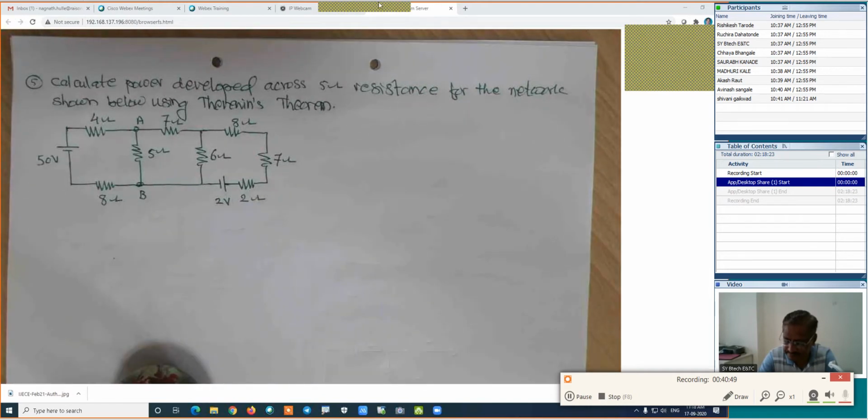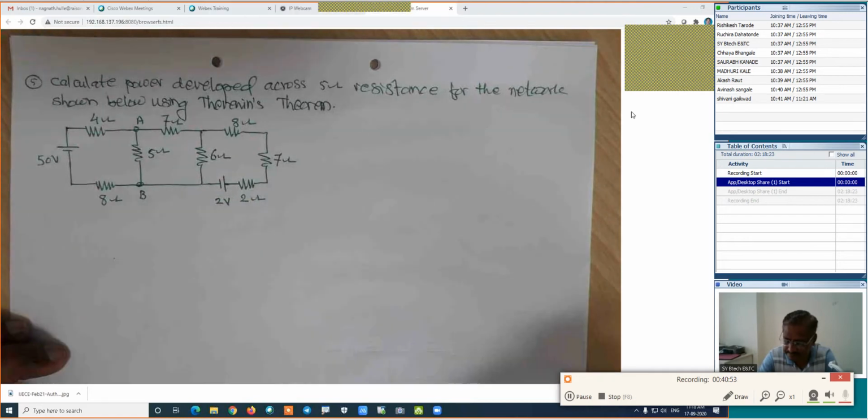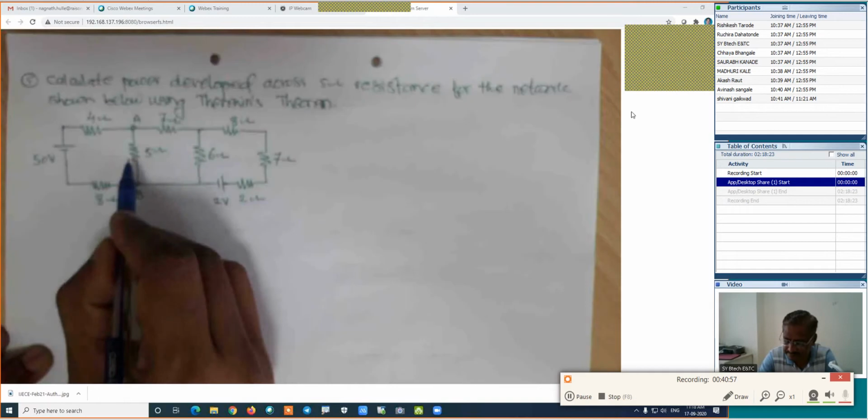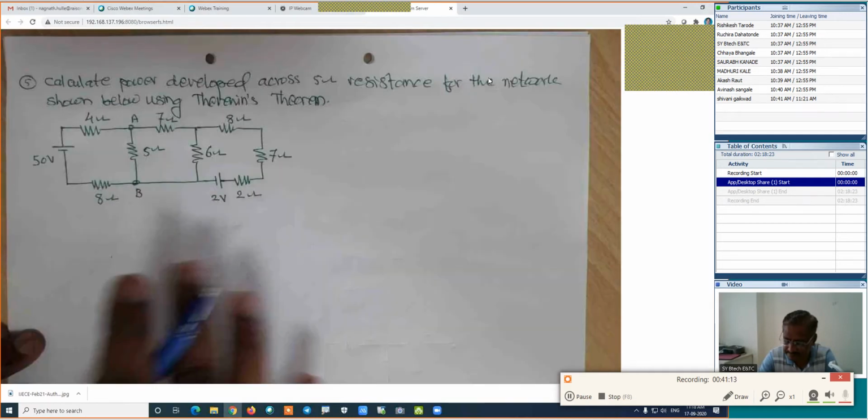How is the procedure? The procedure will be the same. Stick to your procedure. How is the case? The first point, we will remove the load resistance and redraw the same circuit.